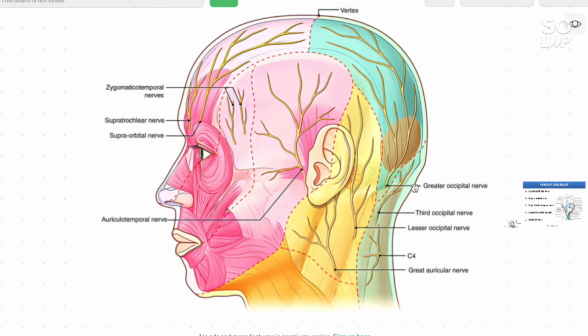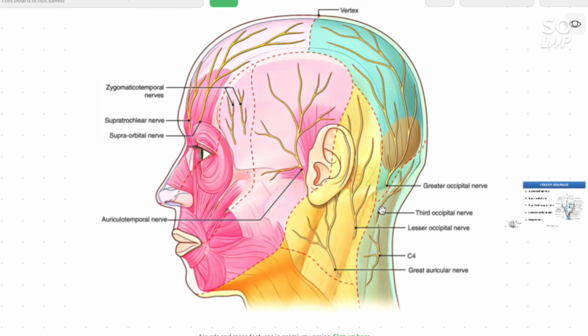You can see it's going exactly upward and supplying your whole occipital region. The other one is your third occipital nerve, derived from the posterior ramus of C3, which supplies the skin of the inferior occipital region, exactly down there.